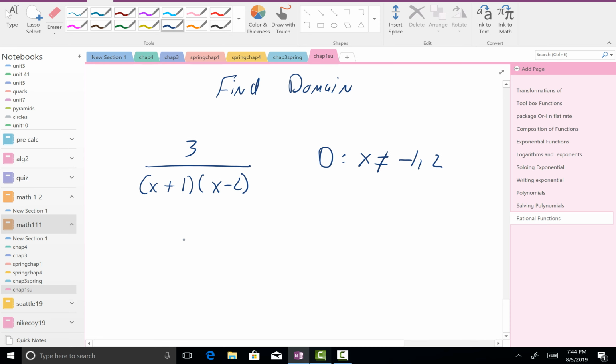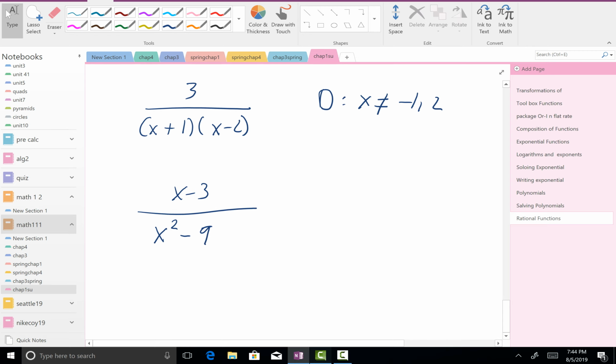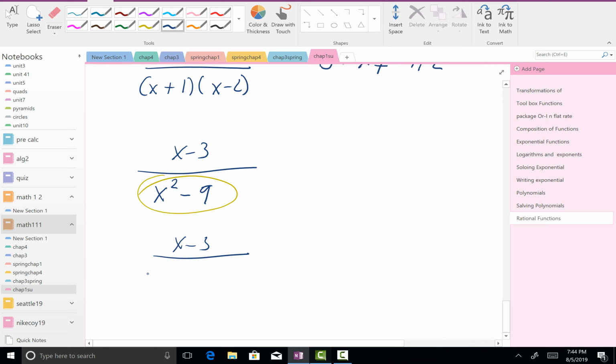If they give you one and it's not factored, you should factor it. Take this bottom part and factor that. I don't care about the top, but I'm going to factor the bottom. X squared minus 9 is x plus 3, x minus 3.